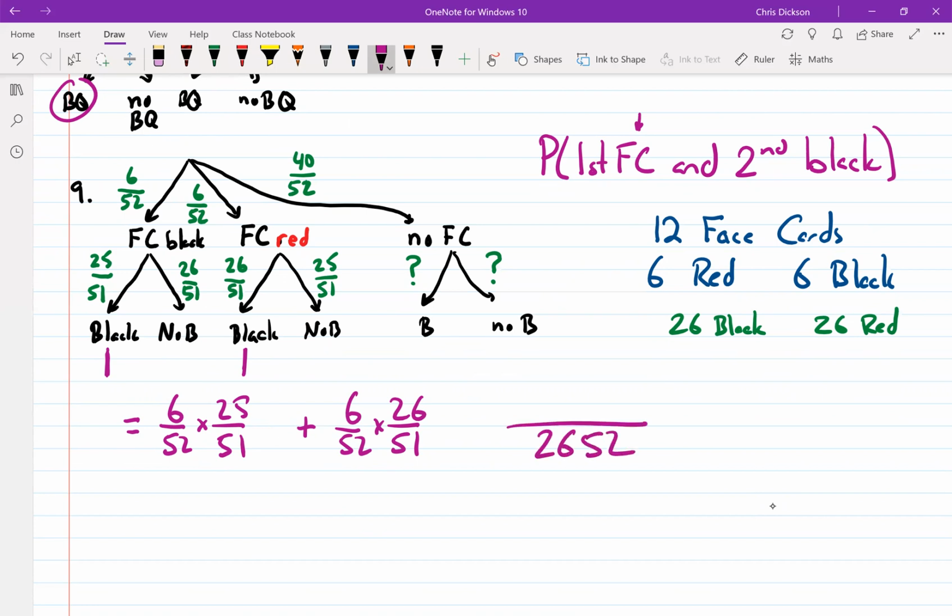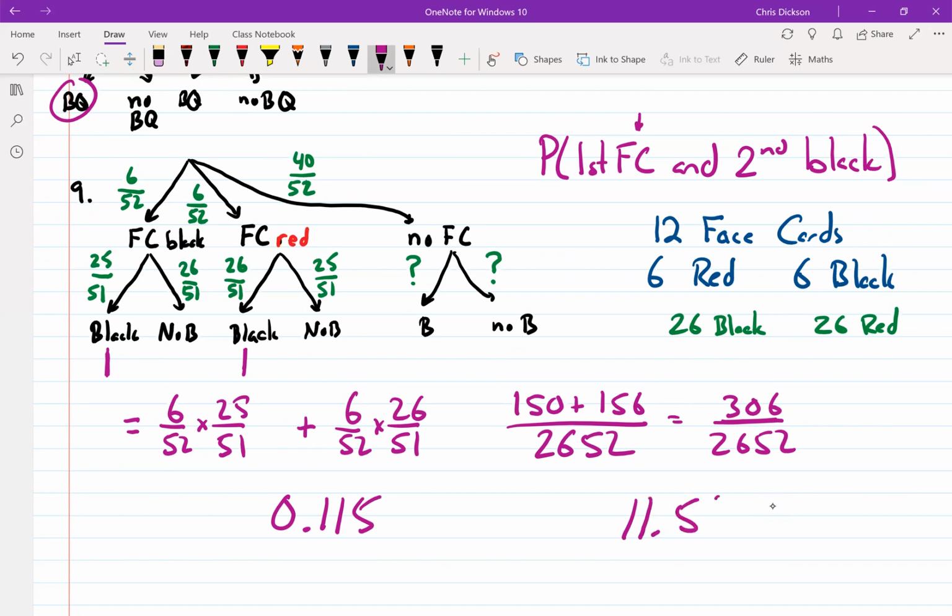And then 6 times 25 is 150. And then 6 times 26 is 156. Okay, so we have 306 out of 2,652. That's a bit painful to reduce, so I'm just going to be lazy here. 306 divided by 2,652 gives us a probability of roughly 0.115, or 11.5%. Okay, so I'm going to double back and check that again, but it looks pretty good to me.